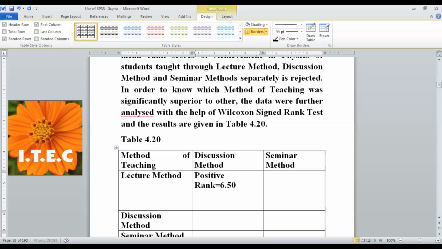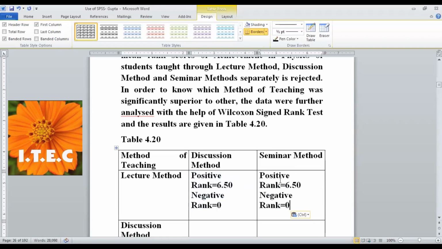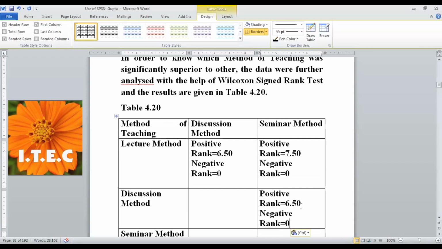And I have negative rank, which is 0. And now in the seminar also, the positive ranks are 7.50 and negative ranks are 0. And here also your positive ranks are 7.50.